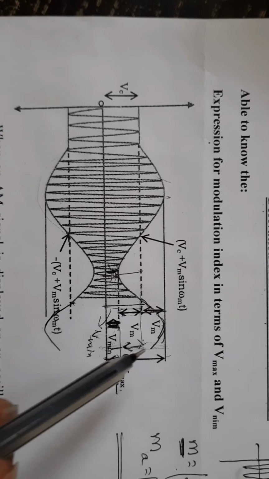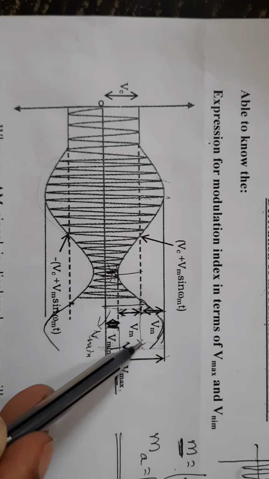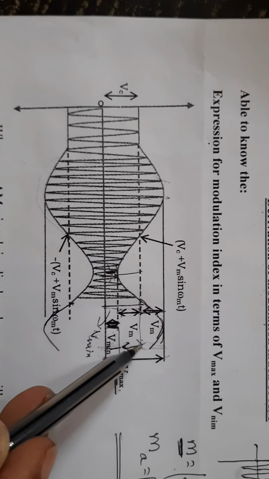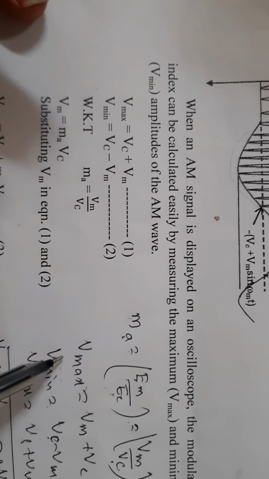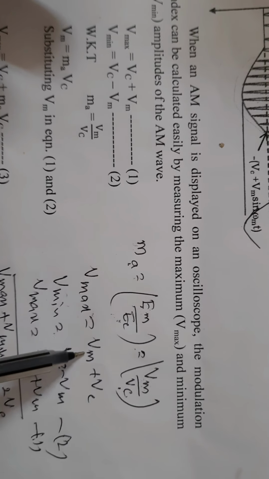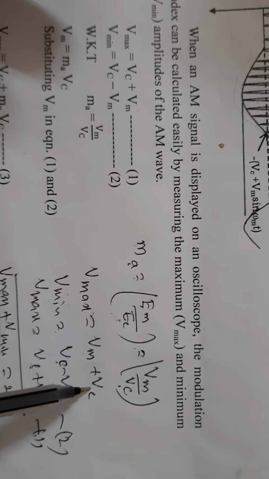From this graph, we can see that V maximum is equal to, from here to here it is Vc, from here to here it is Vm. So Vc plus Vm is equal to V maximum. Now come to the next equation, V minimum.